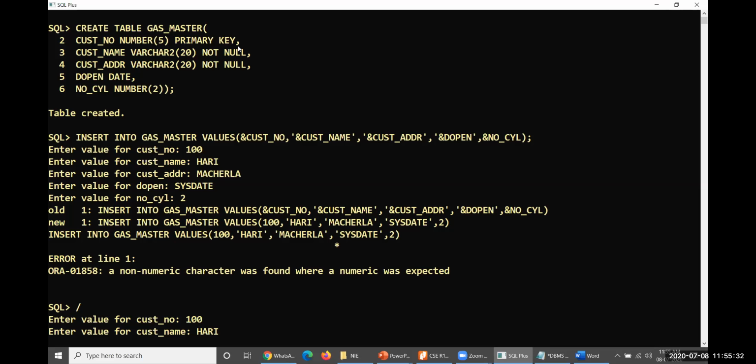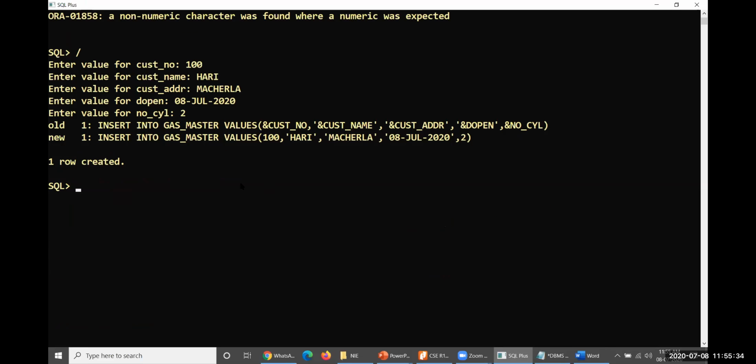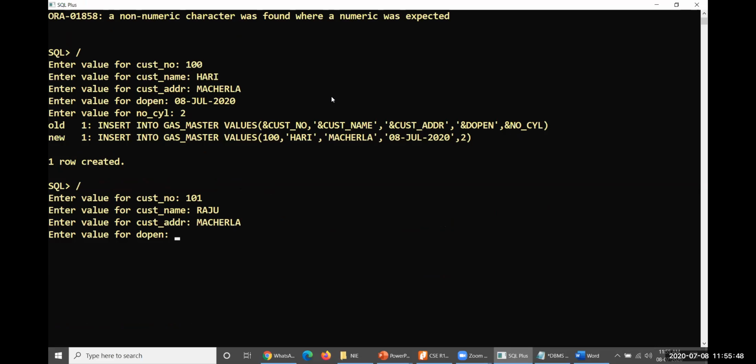If you are trying to enter one more piece of data here, already number 100 has been given to Hari. Now let me take 101. Then Raju, and Macharla, and today's date is 08 JUL 2020, and the number of cylinders is only one.